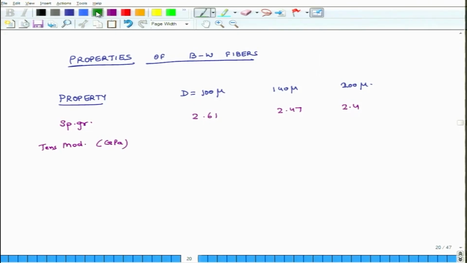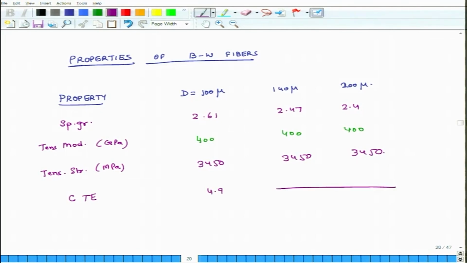It's pretty much the same, 400, 400, 400, and strength in MPa. That is also pretty much the same, 3450, 3450, 3450. Okay. So, nothing interesting here, and CTE is again 4.9, and it is the same thing.